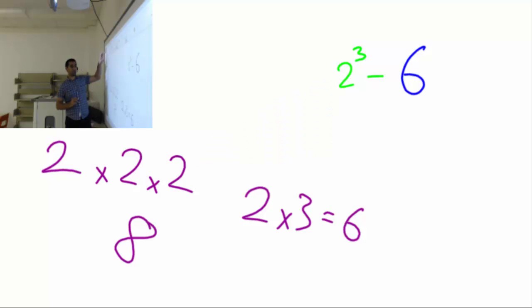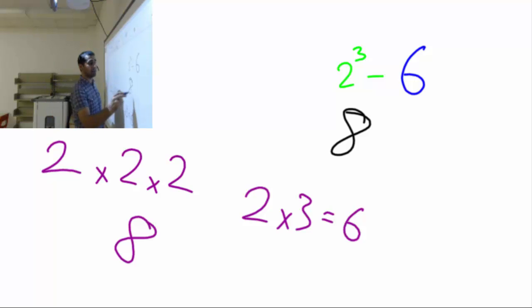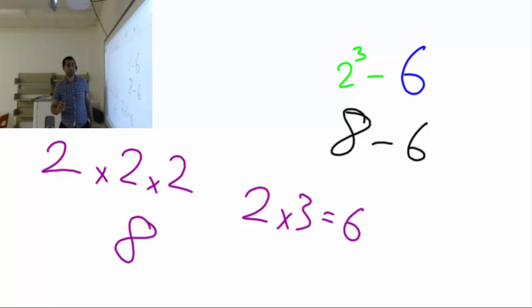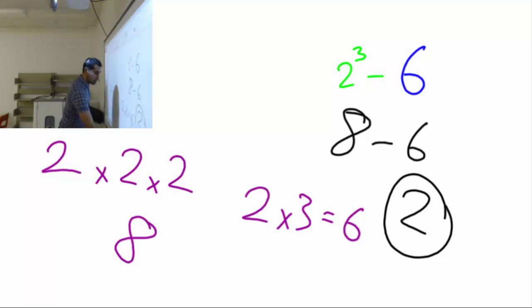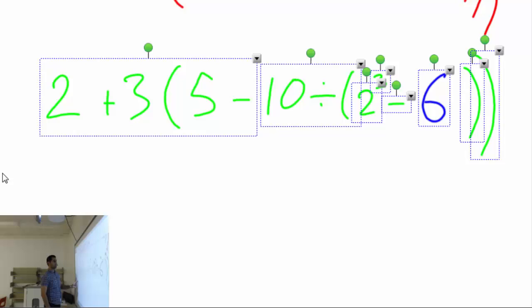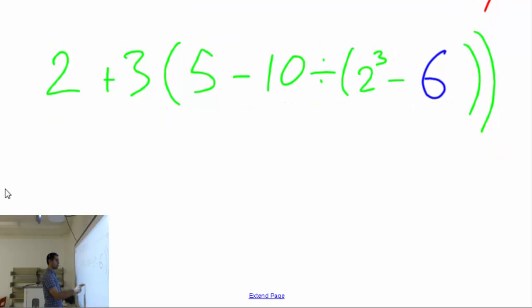So, once again, let's go back here. This is supposed to be 8. I'm doing exponent first and then minus 6. So what is 8 minus 6? That is 2. So let's go back to our question. So now I did another step here.